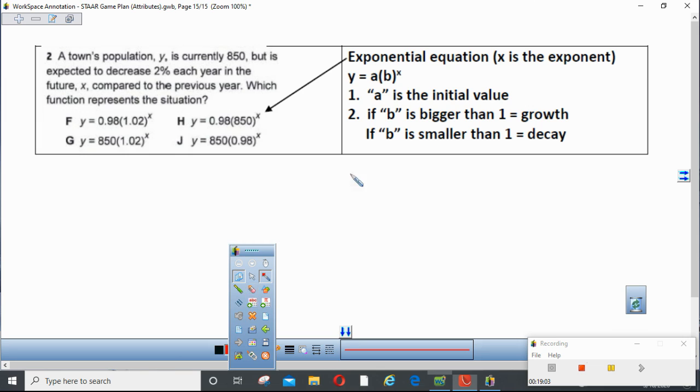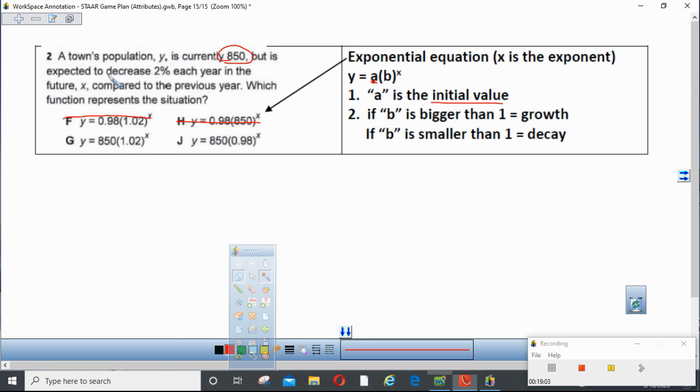And with exponential equations, a, which is the very first number, is called the initial value. And so if you're reading this and it says a town's population is currently 850, that is the initial value. So that has to be up front where a is. So you can get rid of F and you can get rid of H. So 850 should be up front.